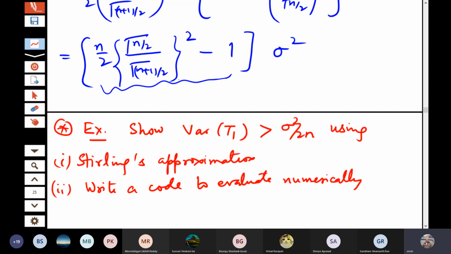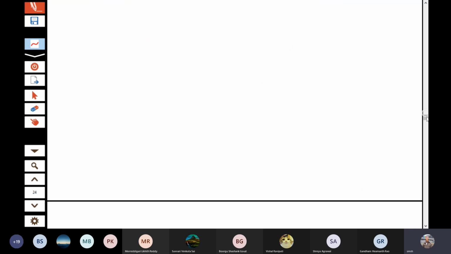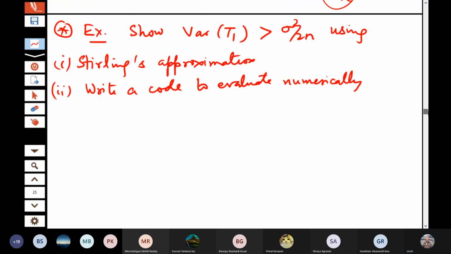Although you don't have to actually write a code because this gamma function is readily available, so you can just put it there because you have to compare this term with 1 by 2n. So that is the comparison part. But I am leaving it here because I don't want to do this numerical part right now. I think you should do it yourself. Of course, it is not very difficult.